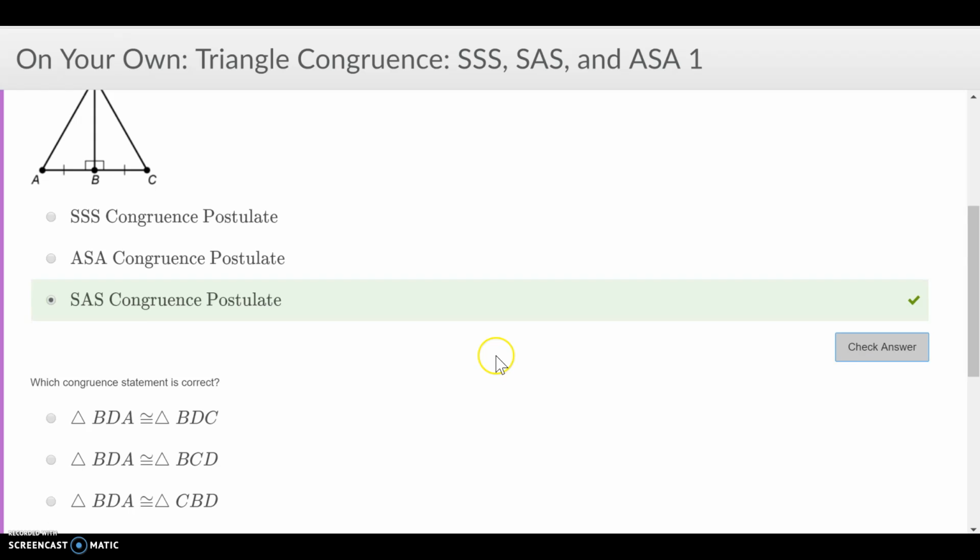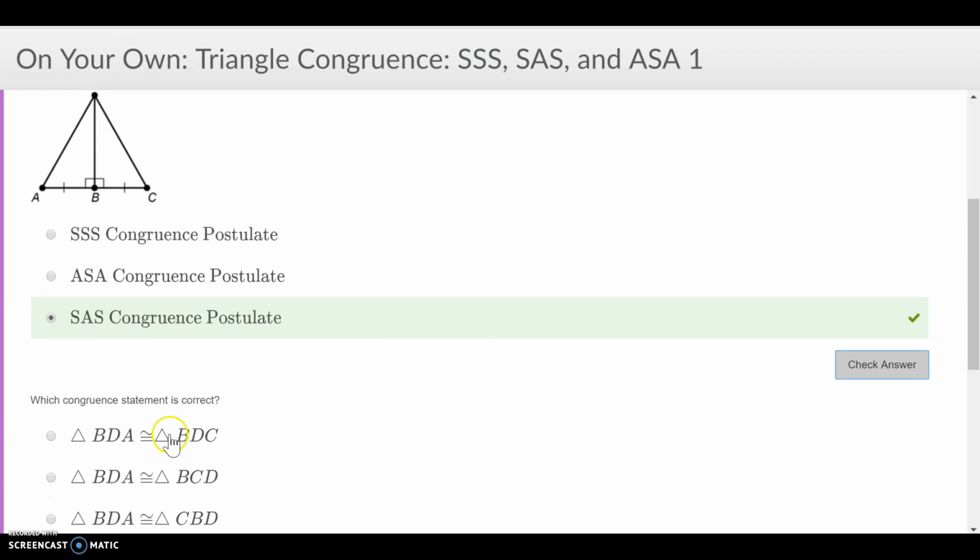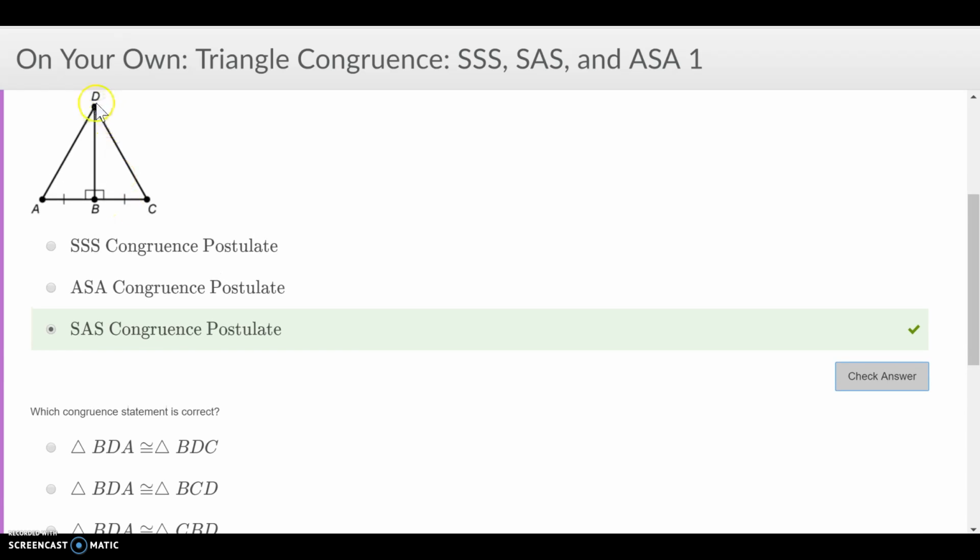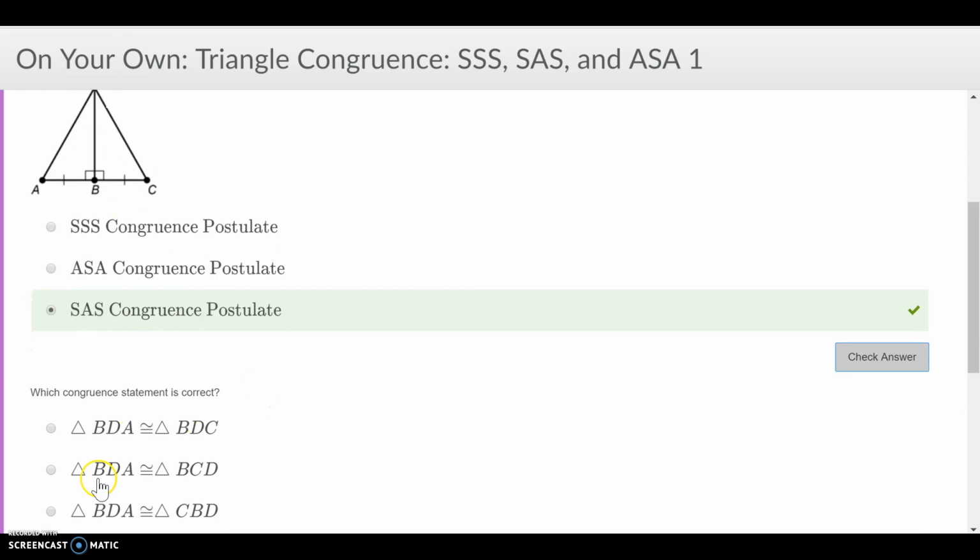And then how do they correspond? B to itself, that lines up. D to itself. BD, BD, this one doesn't do that. This one doesn't do that. Oh, this one only has BD and then A and C.